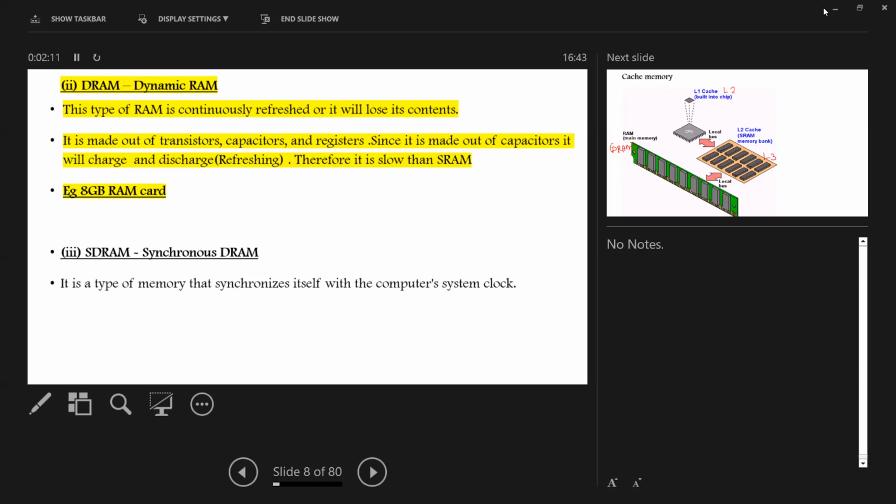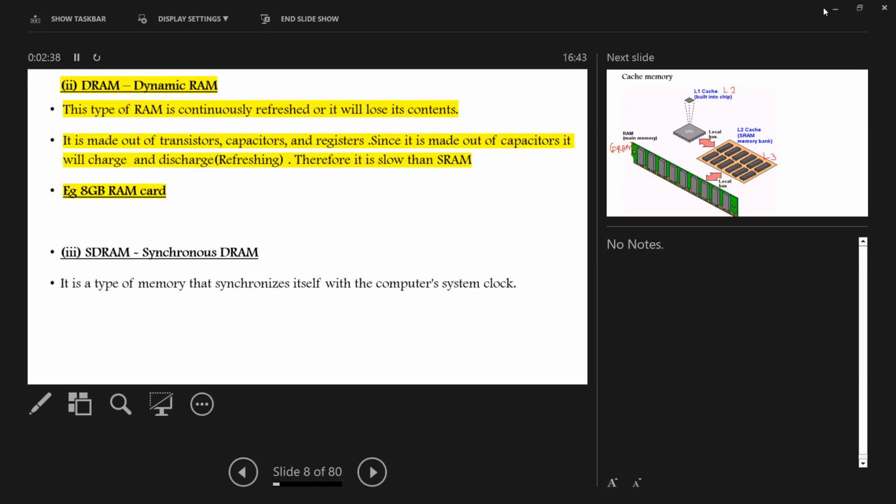Then SDRAM means synchronous dynamic random access memory. Synchronous dynamic random access memory is used to keep the time clock in the machine. It is a type of memory that synchronizes itself with the computer's system clock. When you switch off the machine and next day switch it on, you will get the same time.